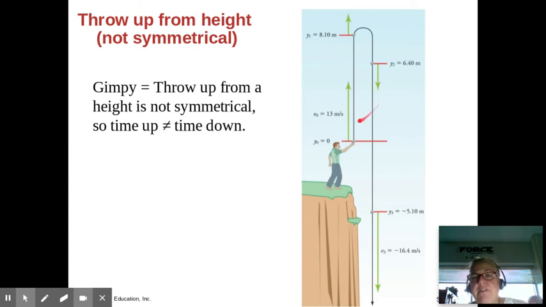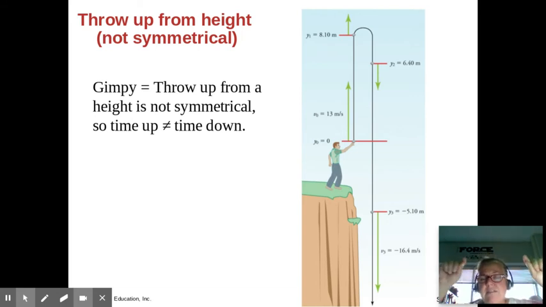The nice thing about the going up part is, similar to a normal throw-up problem, when it's reached a maximum height, that final velocity is 0. And then as it starts to fall back down, that initial velocity is 0. So when you're looking at these throw-up problems, you have to think about dividing it in half, where going up is the positive direction, and the second part coming down is the negative direction.